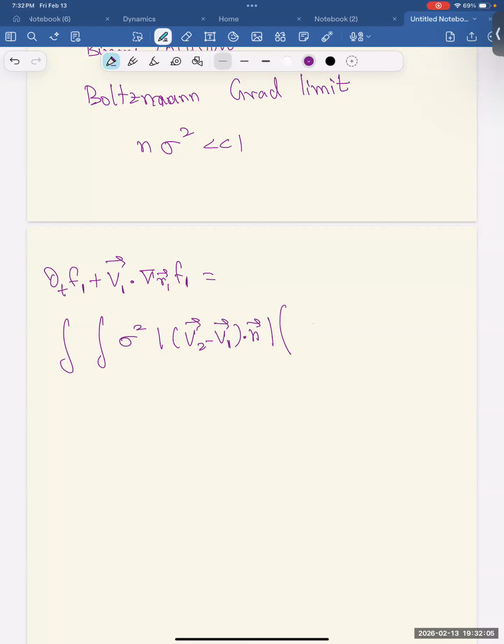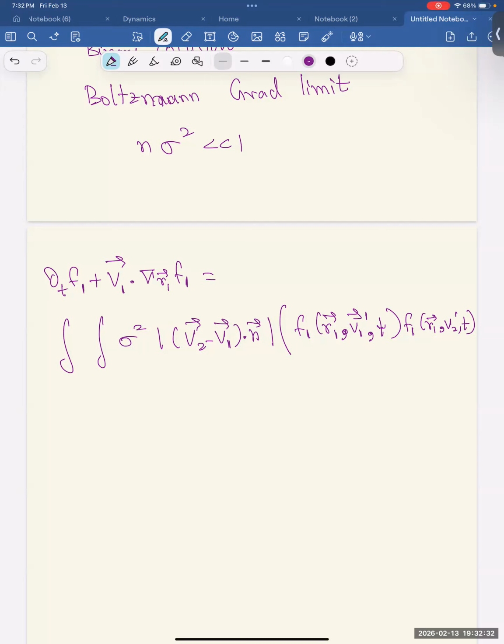Then you have F1 of R1, V1 prime, T, times F1 of R1, V2 prime, T. The prime is before and after collision.